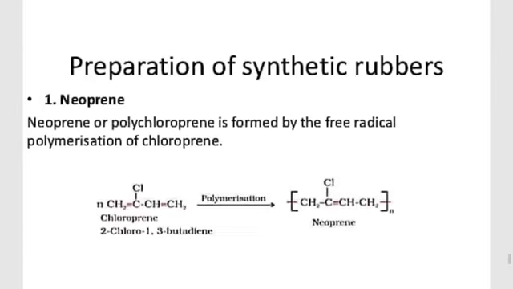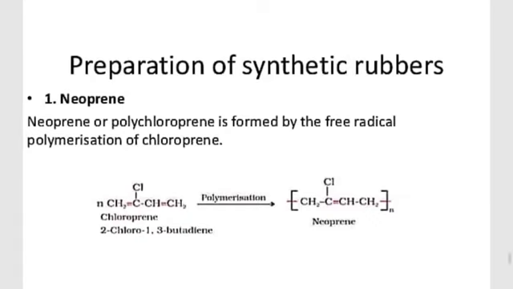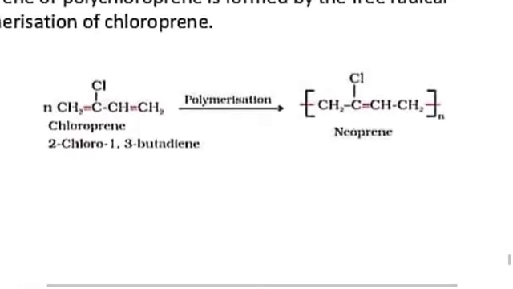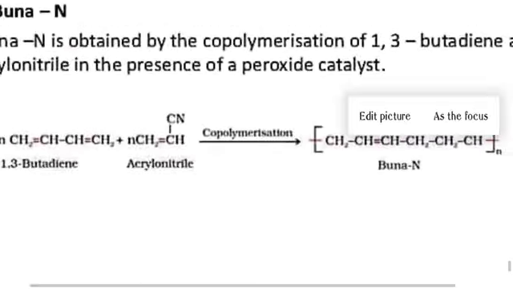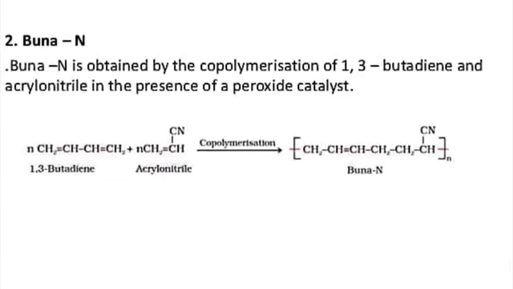Now synthetic rubber. Neoprene. Neoprene or polychloroprene is formed by free radical polymerization of chloroprene. So the monomer of neoprene is chloroprene, which is 2-chloro-1,3-butadiene. So you get neoprene. Next is Buna N. Buna N is a copolymer of 1,3-butadiene and acrylonitrile in the presence of peroxide.